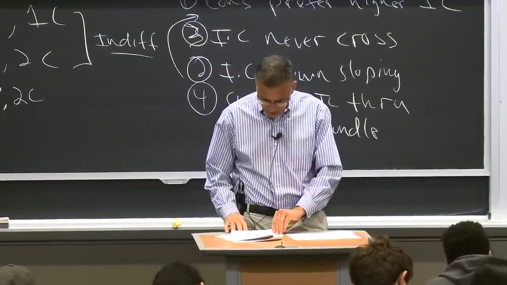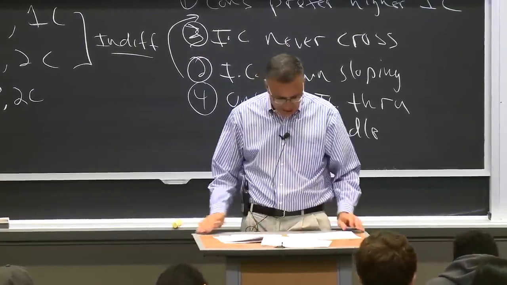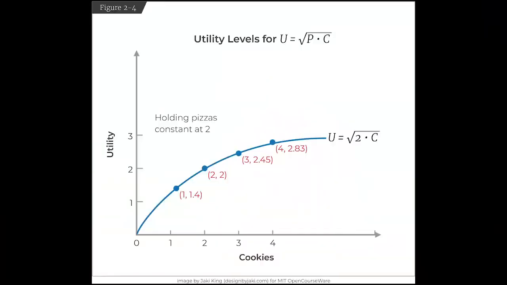Now we can see that graphically in figure 2.4. Figure 2.4 graphs on the x-axis the number of cookies holding constant pizza. So let's say you're having 2 pizza slices, and you want to say, what's my benefit from the next cookie? And on the left axis, violating what I just said like 15 seconds ago, we graph utility.